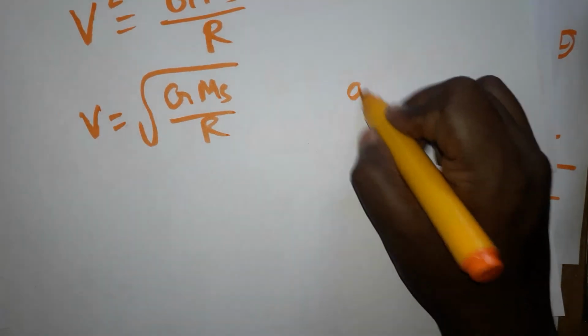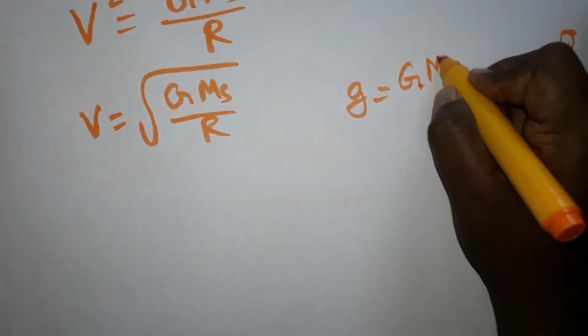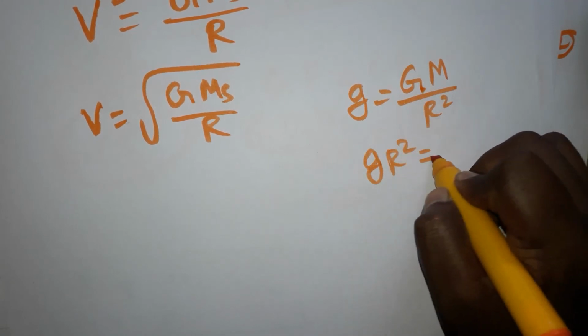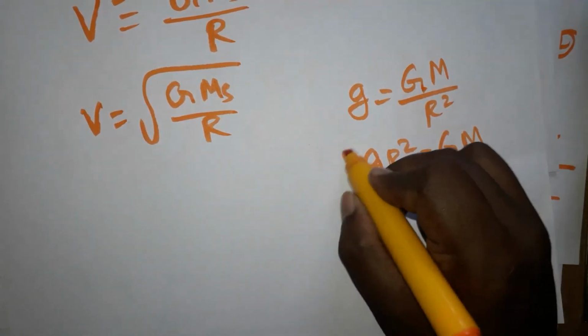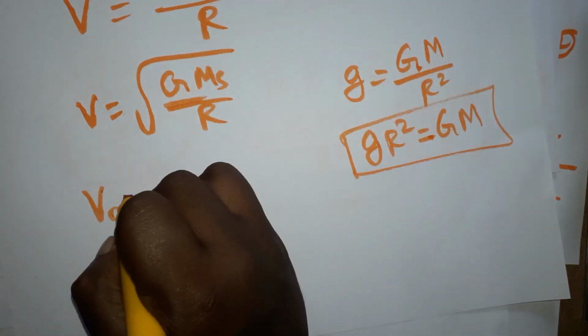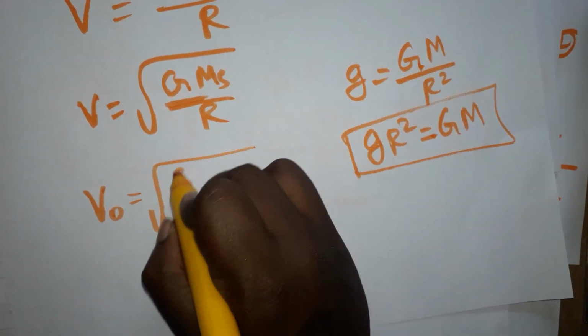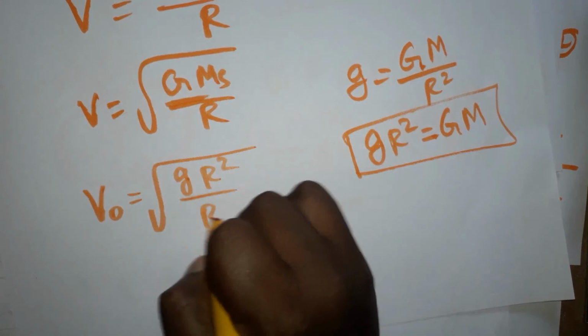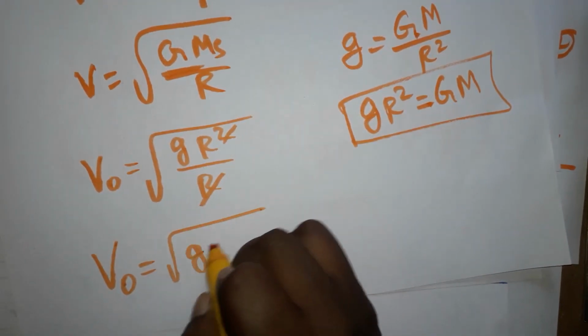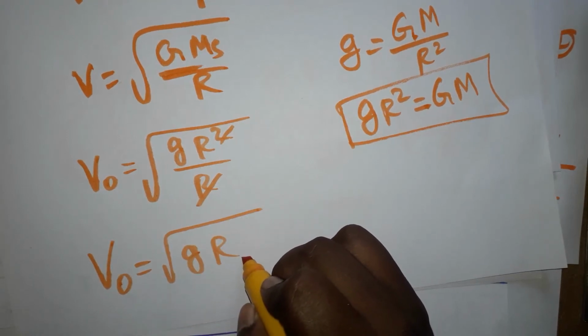Already I said small g is equal to capital G m divided by r squared, so g r squared is equal to G m. So the orbital velocity is the root of g r squared divided by r, which cancels. Orbital velocity is equal to the root of g times r, where r is the orbital radius.